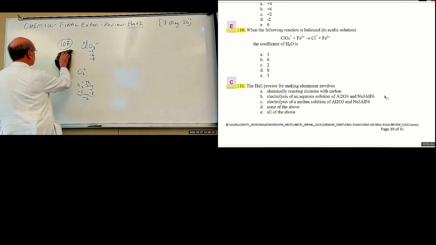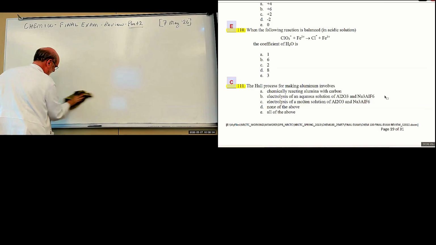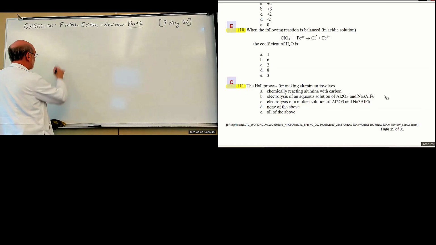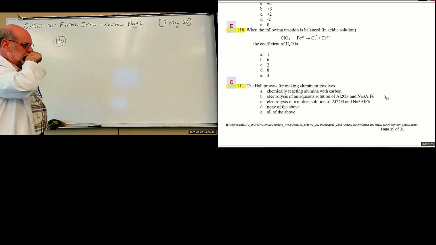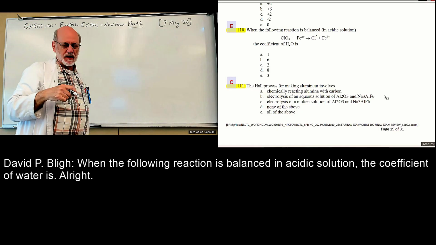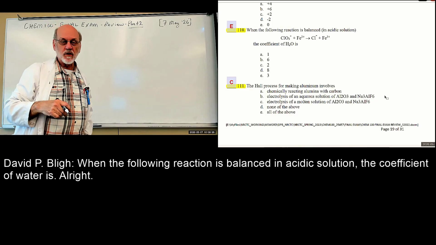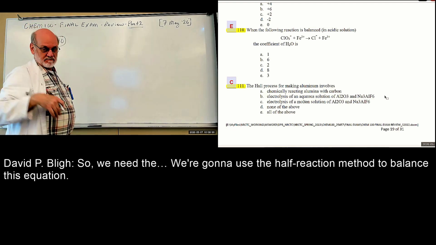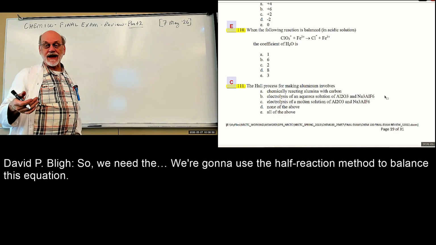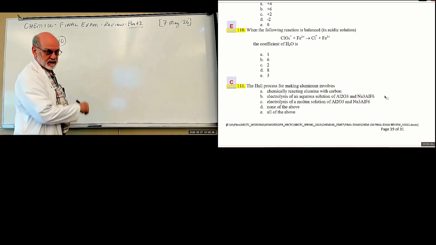110. When the following reaction is balanced in acidic solution, the coefficient of water is. All right. So we're going to use the half reaction method to balance this equation.